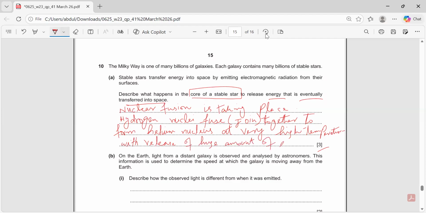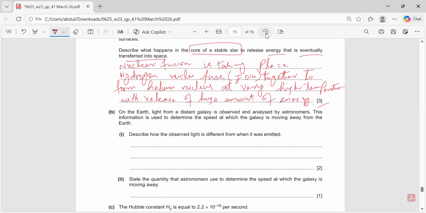Even you can write in the form of radiation, but that is more than enough. So this is simply the fusion which is taking place in the core of the stable star to provide it with energy.